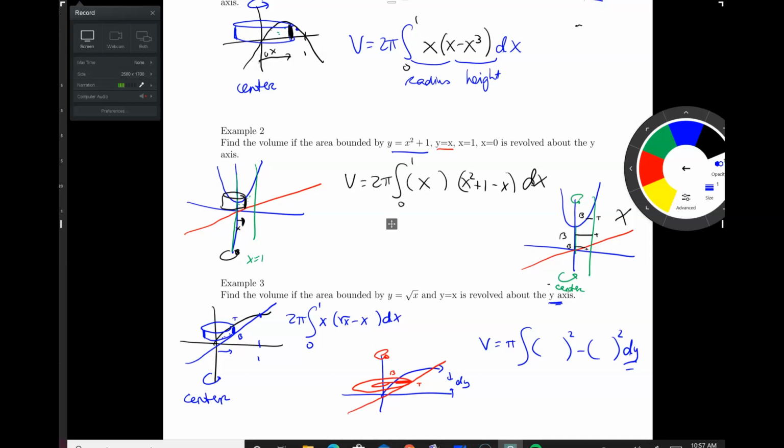So remember, to find the outside radius, center to the outside, so that's getting us to the line, so that would be y, and the inside radius, center to the inside function, so I'd solve this for x, and that would be y squared. And we'd find the limits of integration on the y-axis, and that would still be 0 to 1.